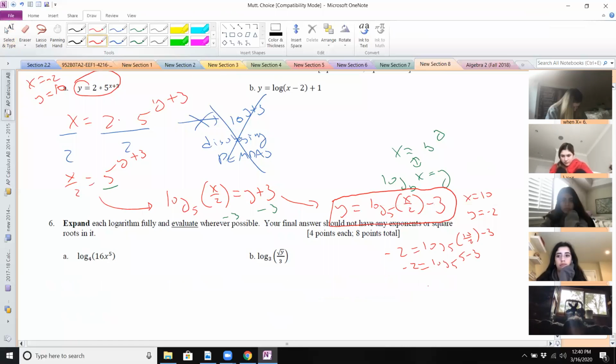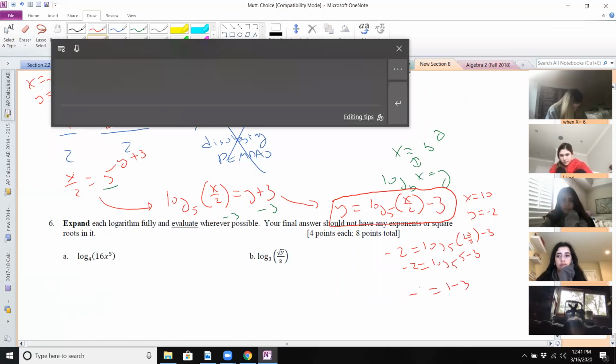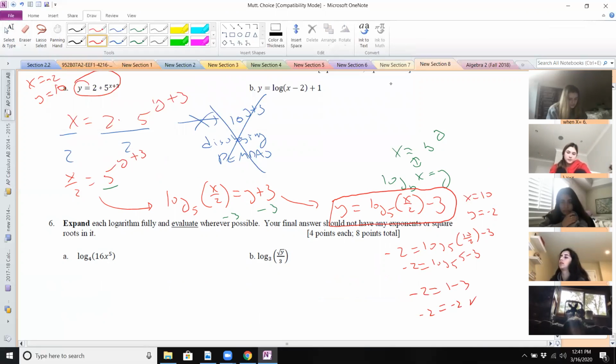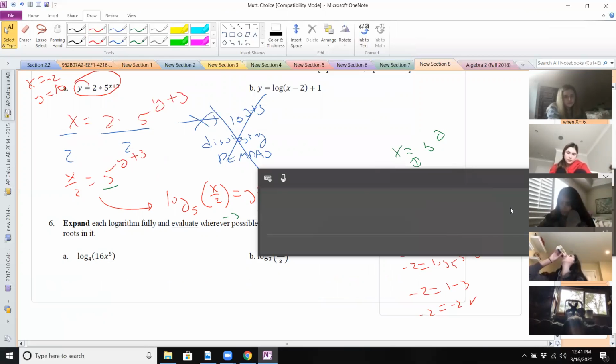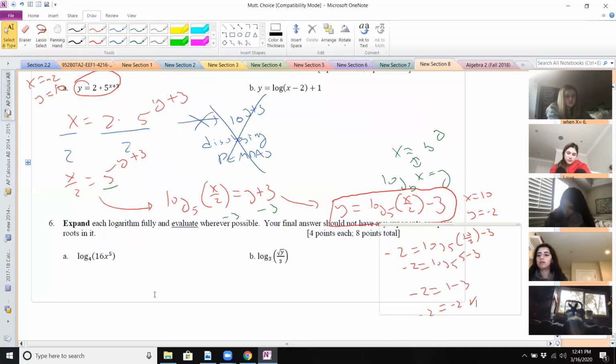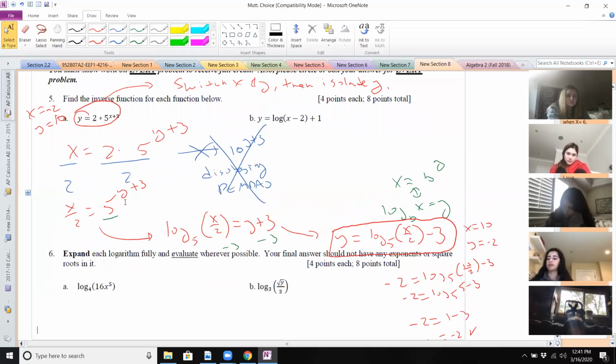And so you get 1 minus 3 equals -2. And it checks out. So that's how you can kind of check to verify your work. Like if you plug in a random x value and solve for y, and then reverse them and plug them into the inverse to see if the left side equals the right side, they should.